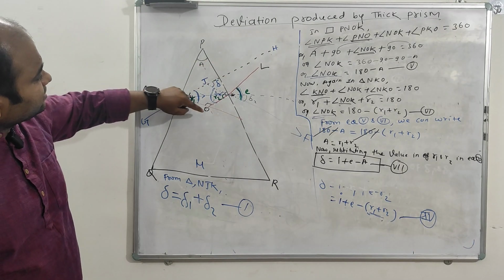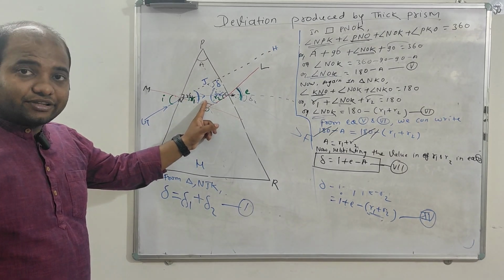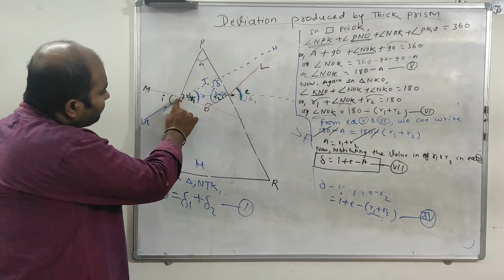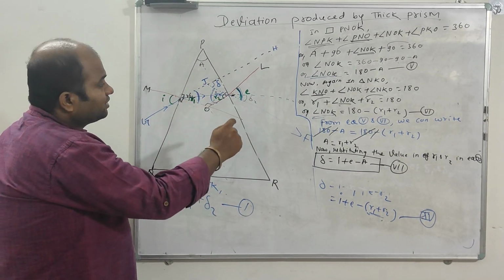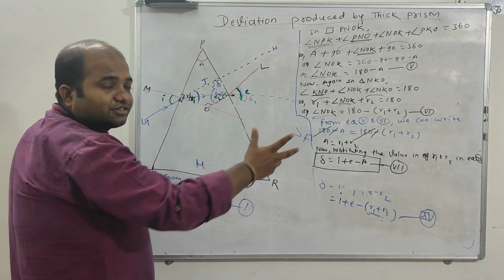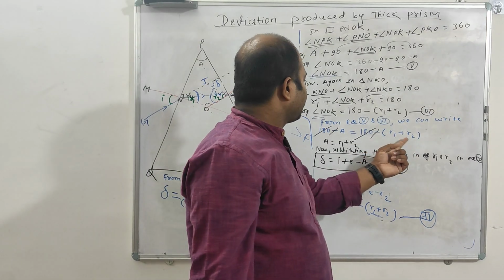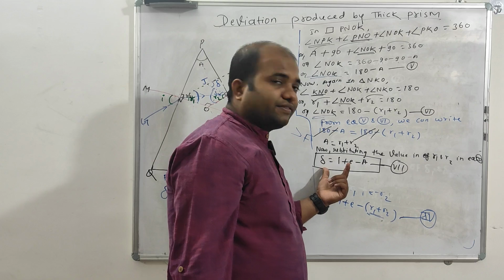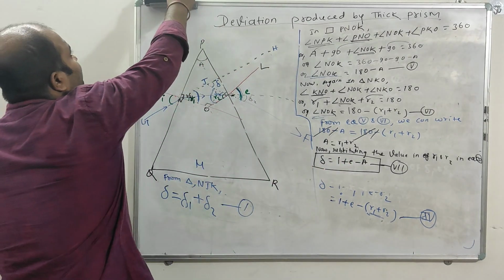Next you take the reference of the quadrilateral, and you get this angle. Then you take this triangle, again make the left side common and the right side equalize. Once the right side equalizes, you will get the value of R1 plus R2 equal to A, and substitute the value, you will get the deviation, right? I hope this is very clear, and very easy to understand also.